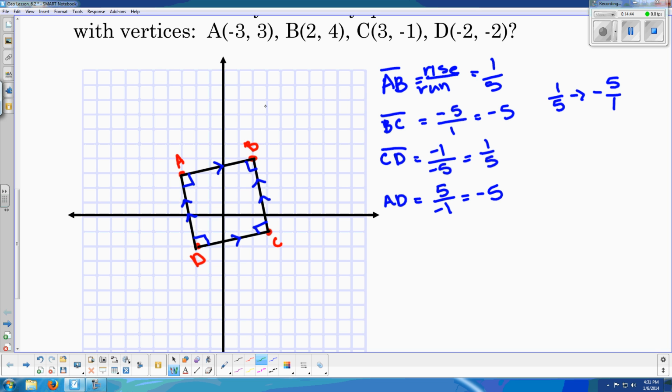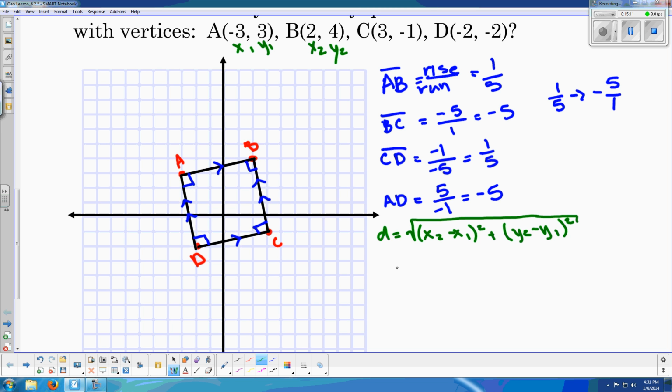So let's do our distance from A to B, and let's do x1, y1, x2, y2 for our 2 points. And remember, distance equals the square root of x2 minus x1 squared plus y2 minus y1 squared.